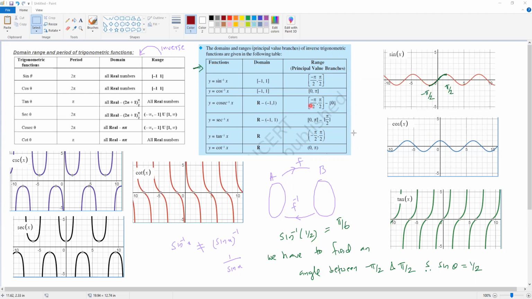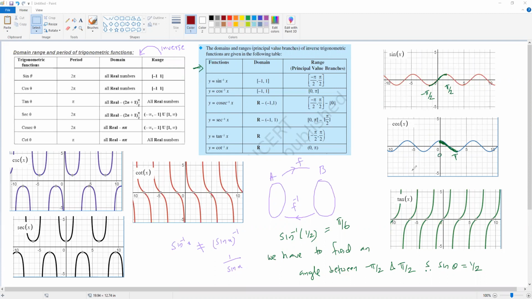Now for cos also, if you see, it is not one-one. So where we are restricting is the principal value branch: 0 to pi. See this area, I drew it with green. This is 0, this is pi.